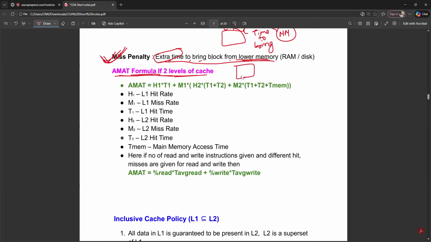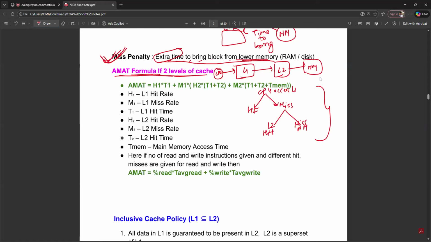Let's say here L1 is given, here L2 is given, and main memory, and here the CPU. If this is the diagram, then first the CPU will access L1. Either it is a hit or it is a miss. If it is a miss, then it goes to L2. Then either it will be a hit or a miss. If it is a miss, then it goes to the main memory. This is the diagram you have to make in any question.